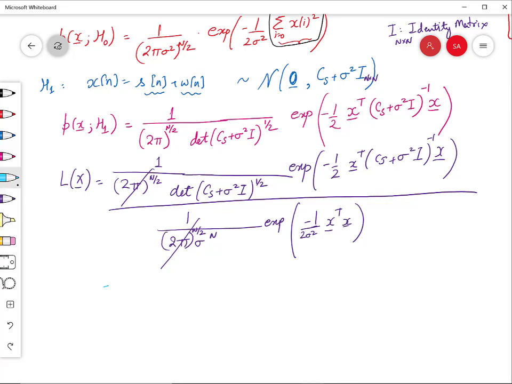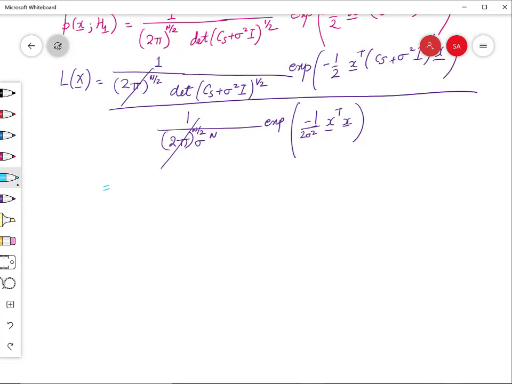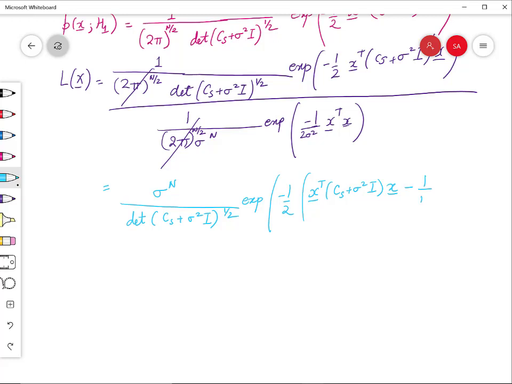What we get is sigma power n divided by the determinant of Cs plus sigma square I power half, exponential of minus half times x transpose Cs plus sigma square I times x minus 1 over sigma square x transpose x.